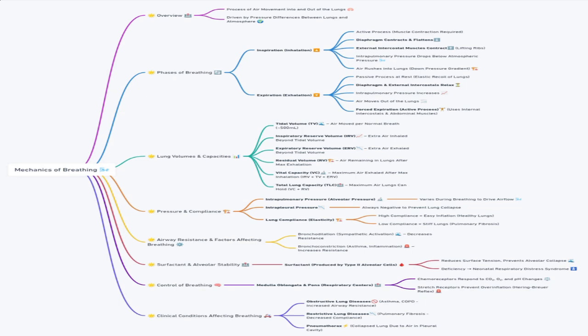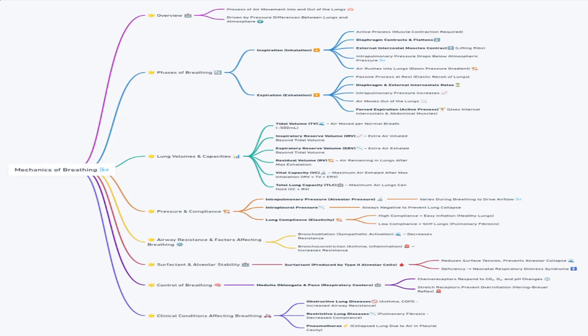So during normal breathing, at the start of inspiration and the end of expiration, you realize the alveolar pressure is 0 and the intrapleural pressure is -5. So what will the transpulmonary pressure be? Like I said, alveolar pressure minus the intrapleural pressure, so it will be 0 minus -5, which is +5.